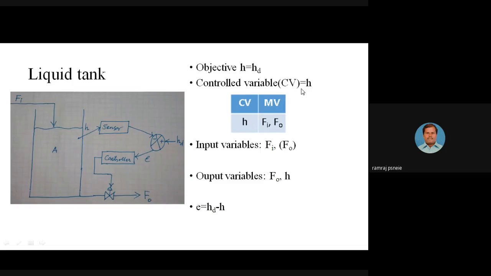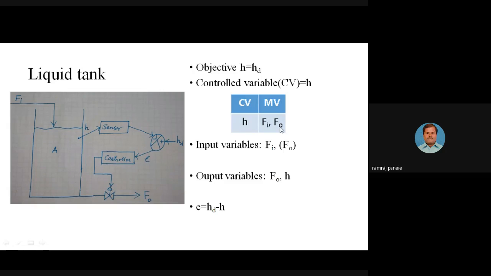Here the controlled variable is the height of liquid in the tank. If any change occurs in the height, we need to bring the value back to the desired value. For that, what variables are we using? F suffix i and F suffix naught. Fi is the inlet flow rate.